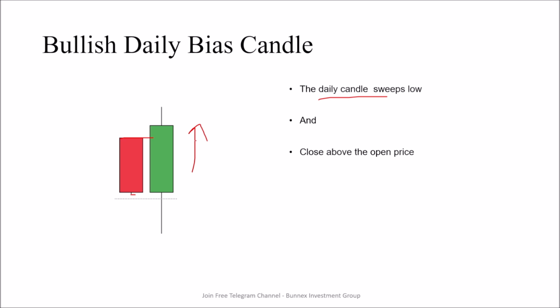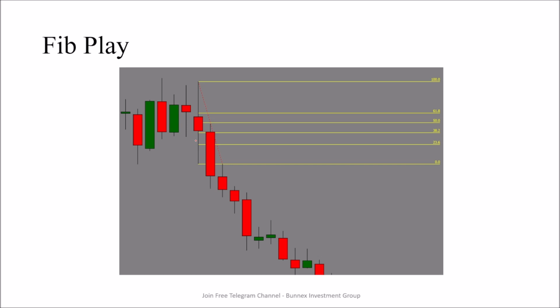So how are we going to make an entry after learning this particular information, using this daily candle? All right, so basically we are going to employ the Fibonacci retracement tool, whereby we first locate the candle as I've shown you.